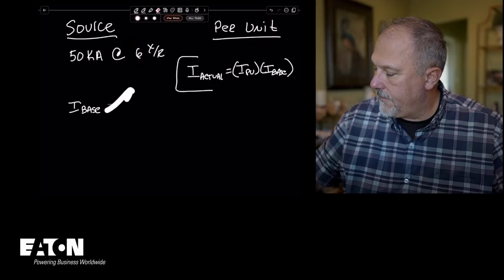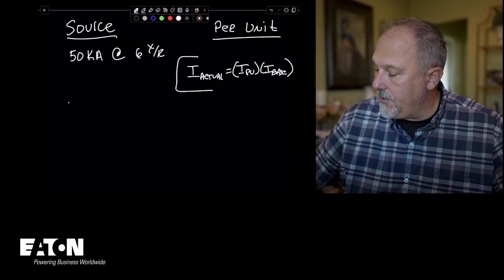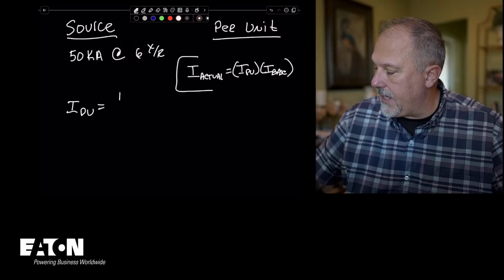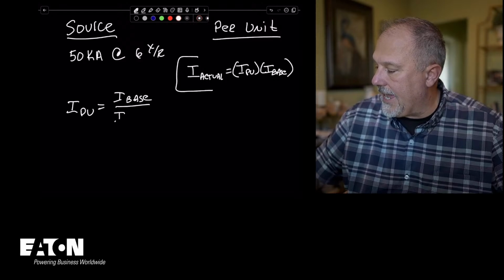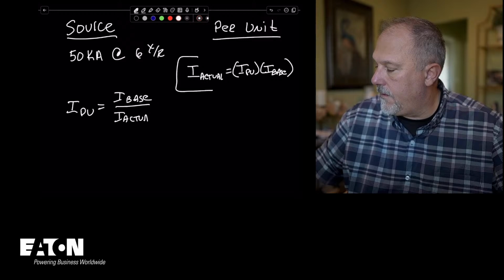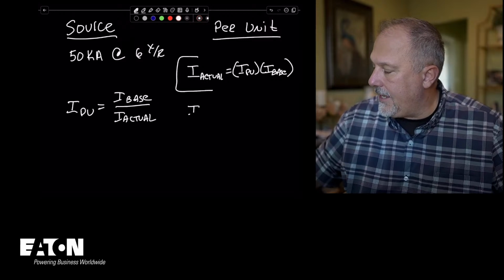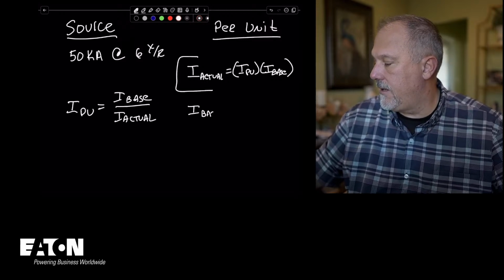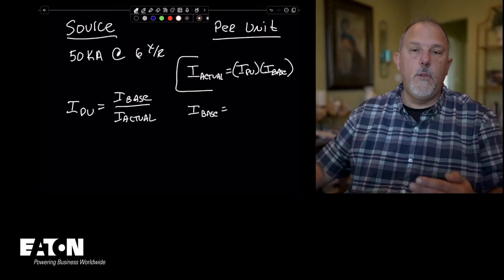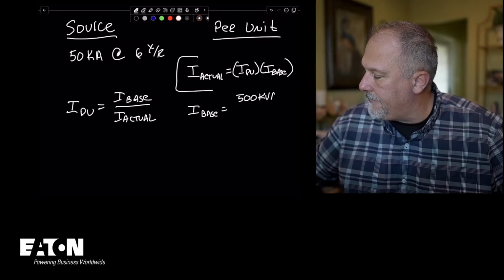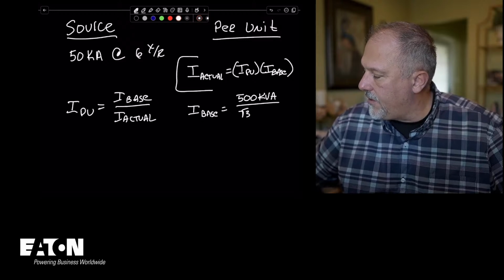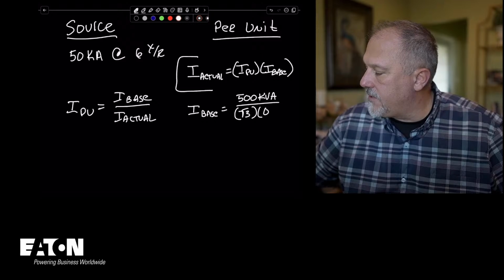So I know I base. I per unit is equal to I base divided by I actual. Now, I base is going to be the full load amps on the primary of the transformer. So 500 kVA divided by the square root of 3 times 0.48.